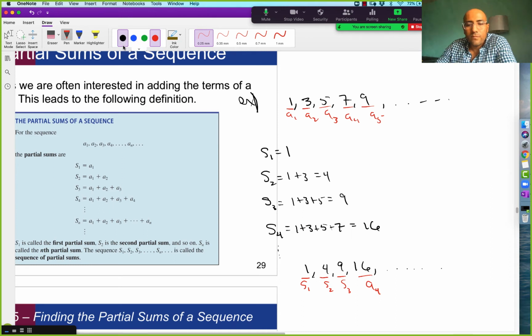Good. Now the original sequence, as I presented it to you, there's a formula for this. It's just the odd numbers. So the nth value on my list is equal to 2n minus 1. That's the nth one on my list.